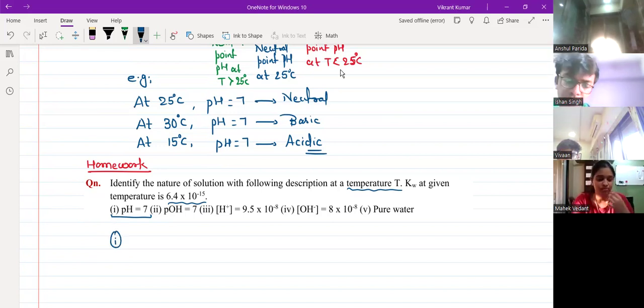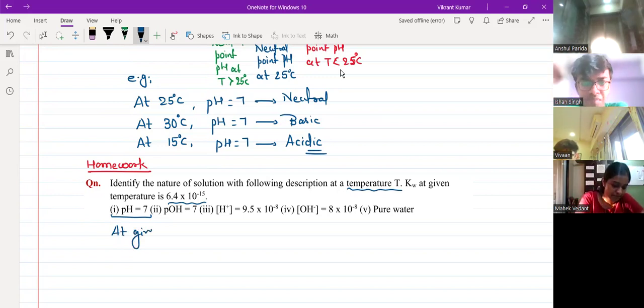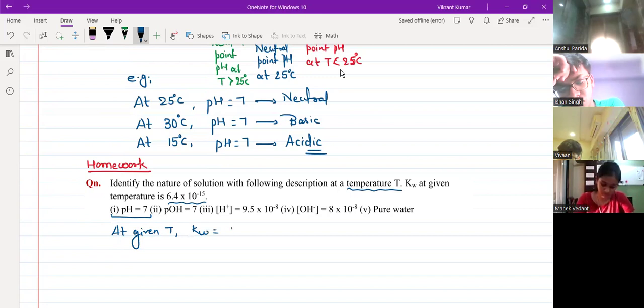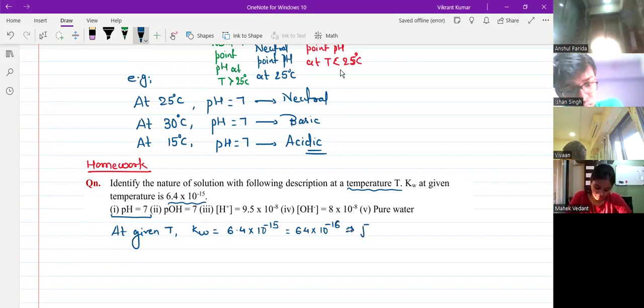First of all, at the given temperature, we'll talk about all those points of comparison. So at given T, it is giving you Kw, which is 6.4 into 10 raised to minus 15. We can also write it as 64 into 10 raised to minus 16, so that we can easily take the square root of this. So we'll write root Kw is 8 into 10 raised to minus 8.